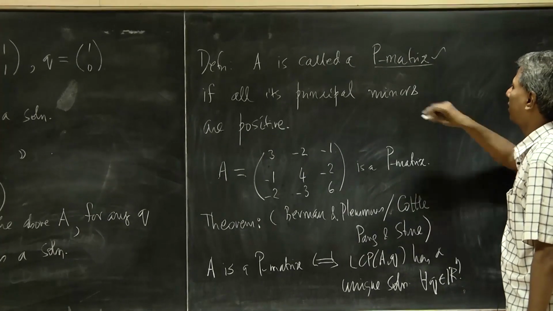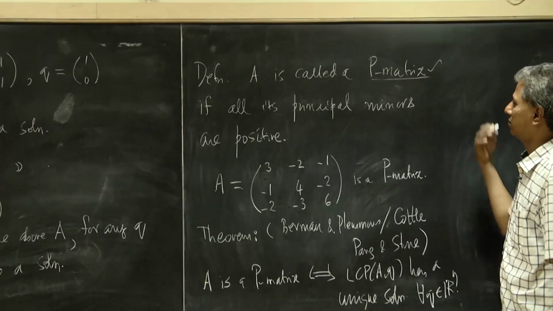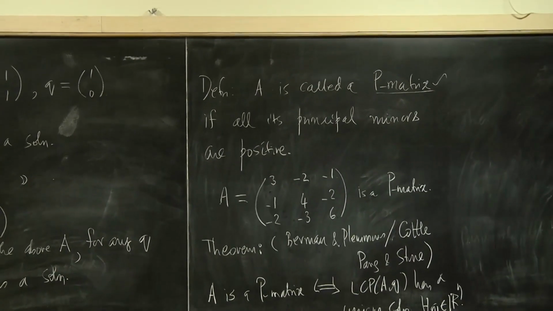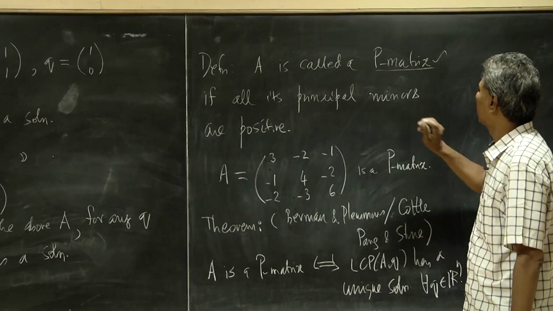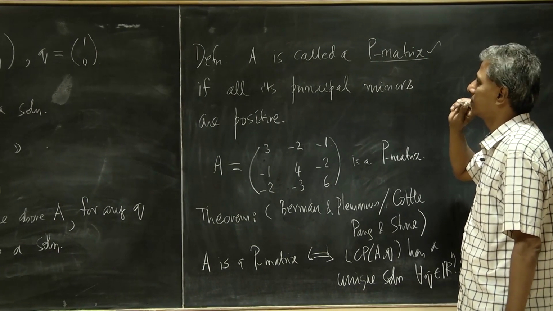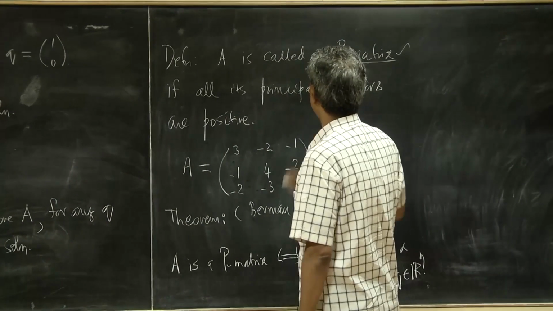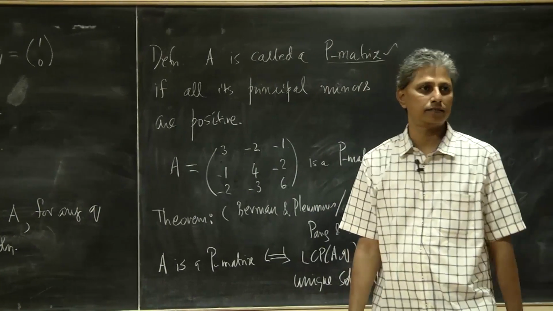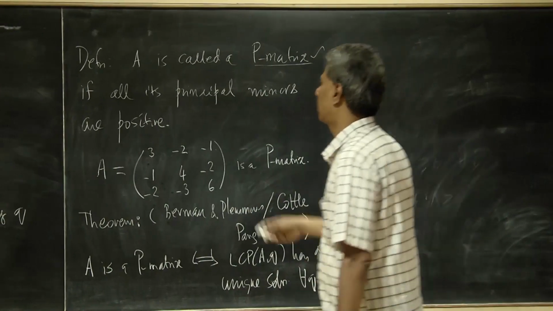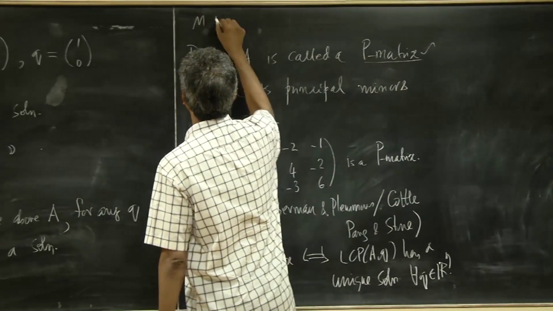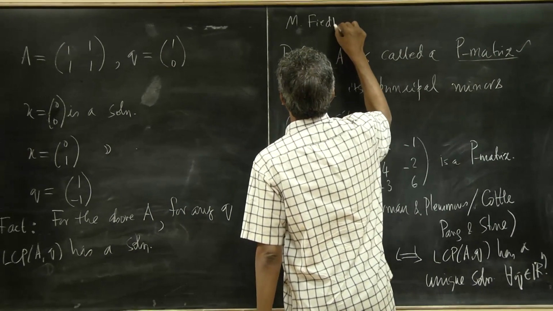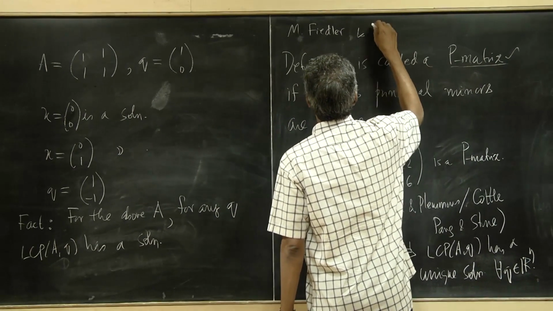I don't know why the name P came about. This name was given by, there is a famous paper by Fiedler and Pták. Miroslav Fiedler and Pták, that is P-T-A-K.